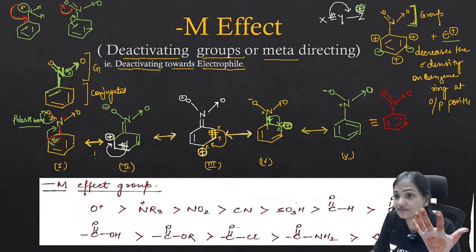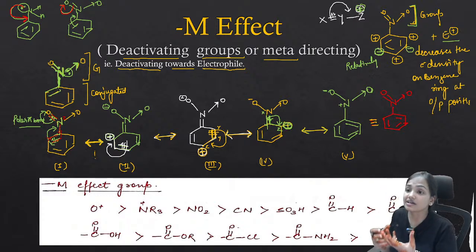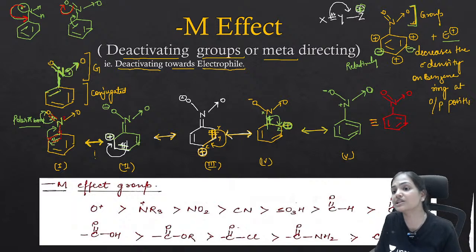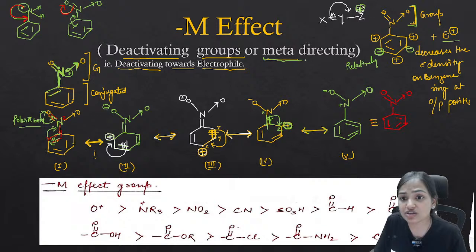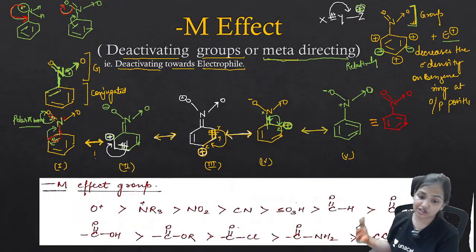But because of this particular group, these positions are getting positive. So ultimately, relatively, this is more negative, meaning more electronegative, and opposites attract. So that's why the electrophile will prefer to go over the meta position. This is your meta position. So that's why we are saying that such a group is known as meta directing in nature.